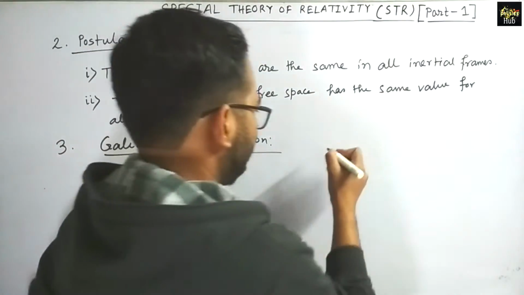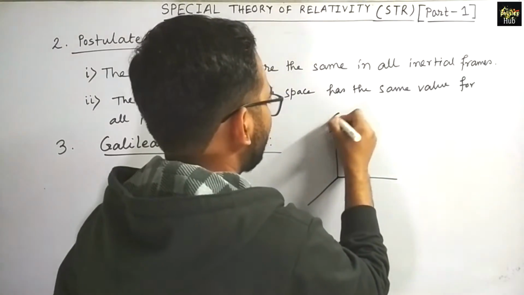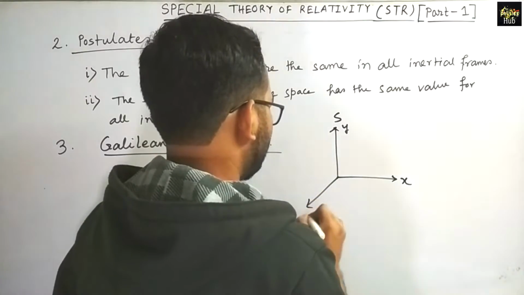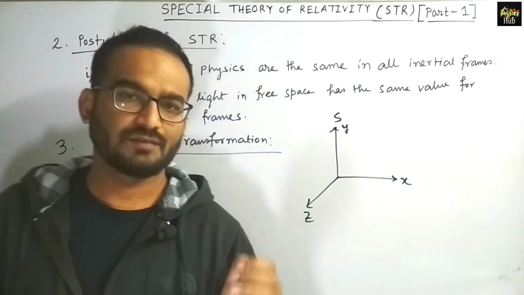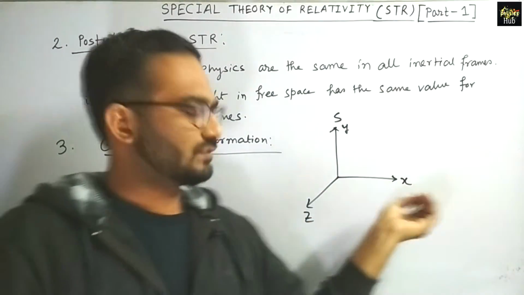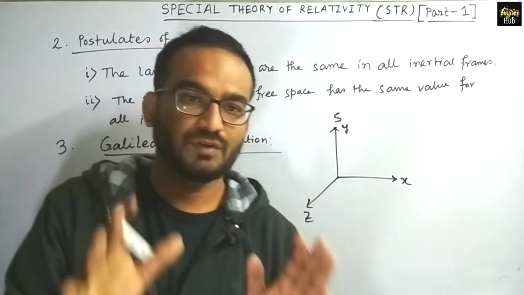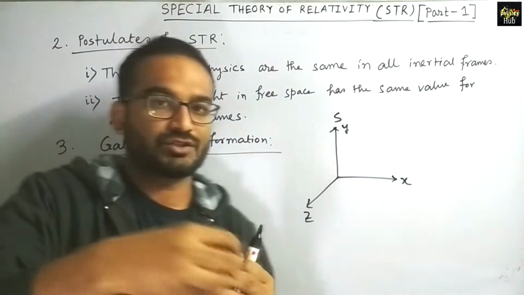So to understand Galilean transformation, we consider two frames. Suppose this frame is the S frame, and this is the x-axis, this is the y-axis, and this is the z-axis. You have seen that the x, y, and z axes are chosen in some fashion. But remember one thing: if you rotate from x to y, it should give the direction of z.